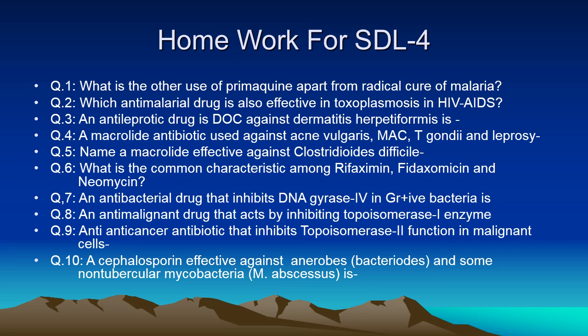An anti-malignant drug that acts by inhibiting the topoisomerase 1 enzyme in malignant cells. Next question, an anti-cancer antibiotic that inhibits topo2 function in malignant cells. And the last, a cephalosporin effective against anaerobes, Bacteroides fragilis, and some non-tubercular mycobacteria.